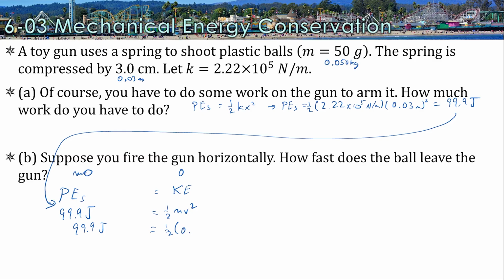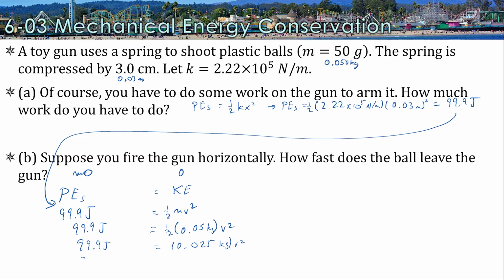The mass is 0.05 kilograms. Looking for a speed. Half of 0.05 would be 0.025. So divide by that.